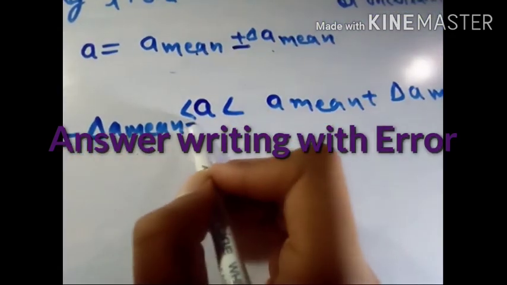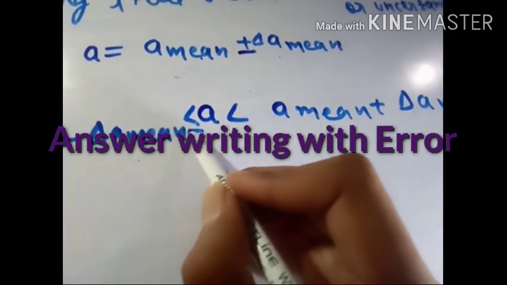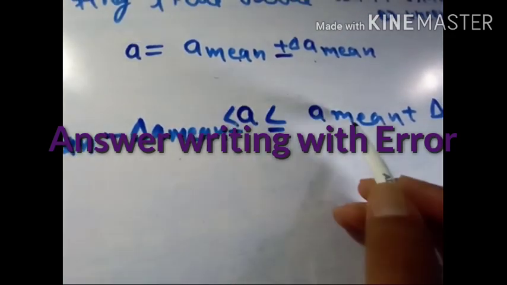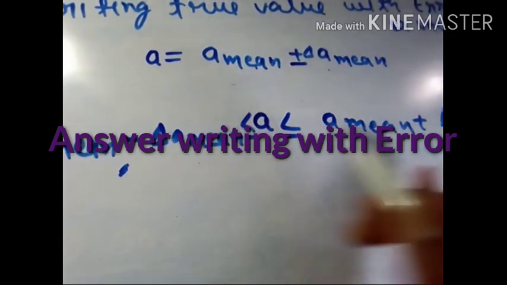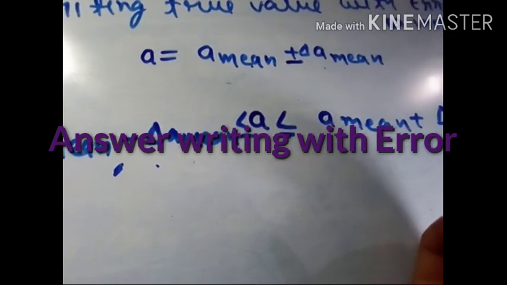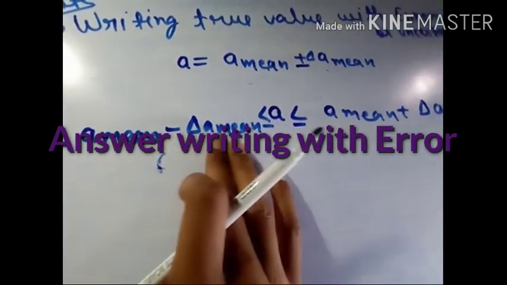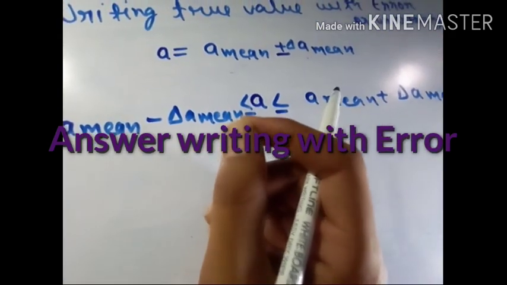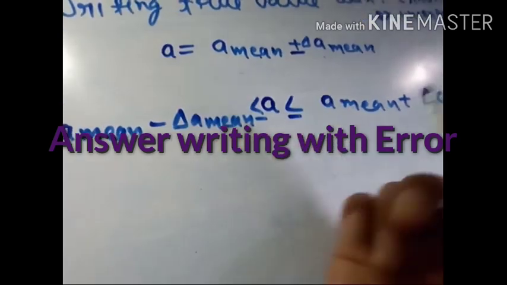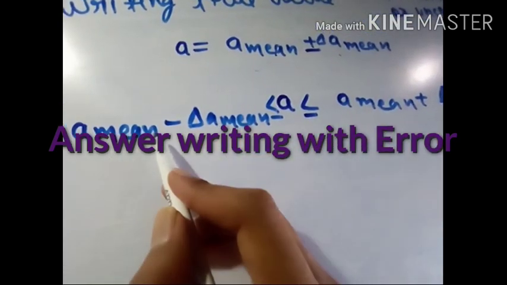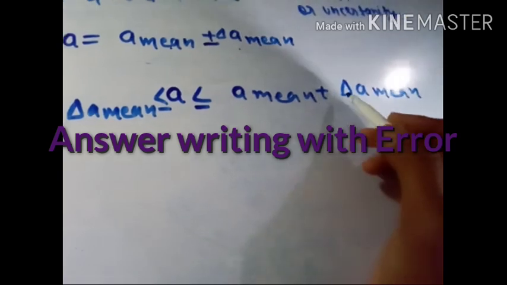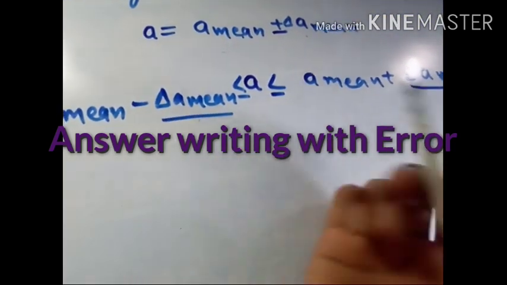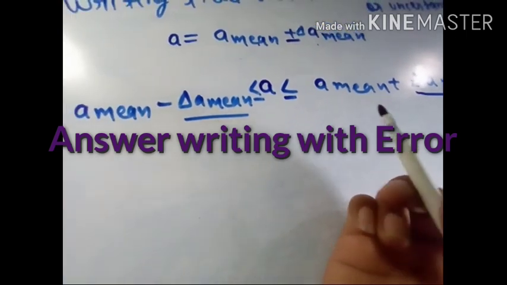This represents that it may be equal to this value or this value, or it lies between both. So the significance of writing the answer in this form is that the error found in the instrument may reduce the length or may increase the length by this factor. This is the significance. Understand?